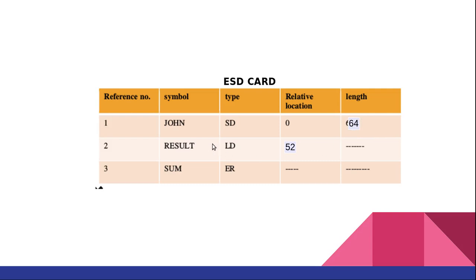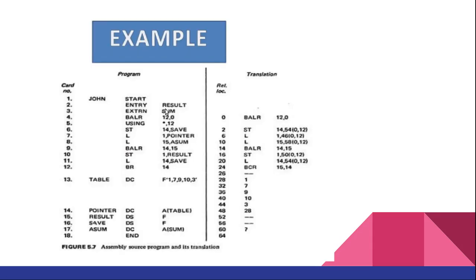Now we'll consider the next symbol, that is result. Result is the symbol which is defined in the program but referenced in other programs. The name of the symbol is result, and since it is defined in the program, it has type LD, that is local definition. What is the relative address of the symbol result?